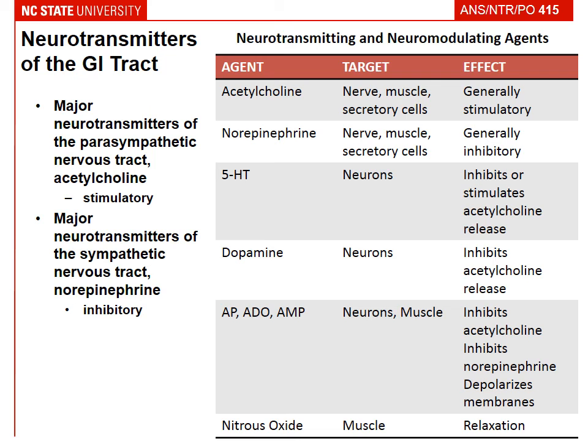The sympathetic is generally inhibitory, and it is utilizing norepinephrine. Acetylcholine affects nerves, muscles, and secretory cells, and it stimulates. Norepinephrine affects nerves, muscles, and secretory cells, and it inhibits. You don't have to know the other neurotransmitters that are listed here.